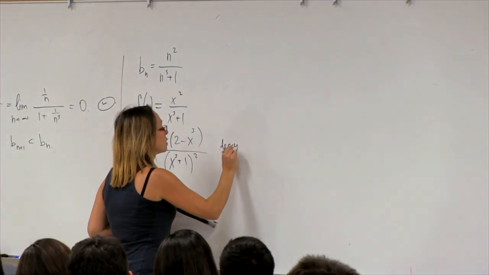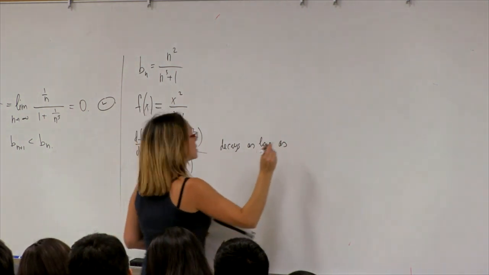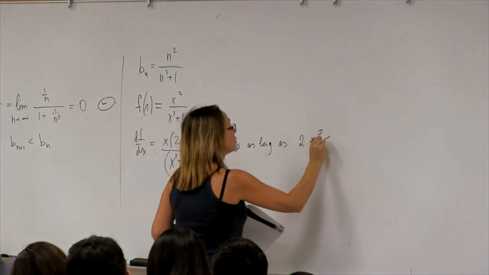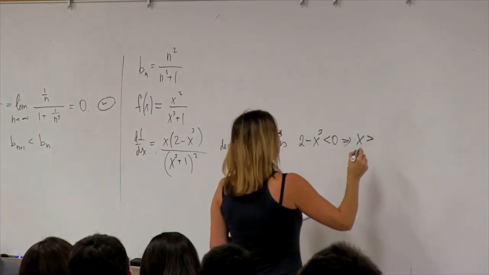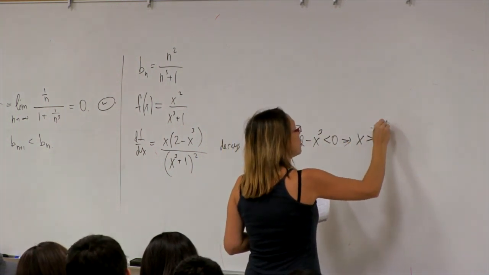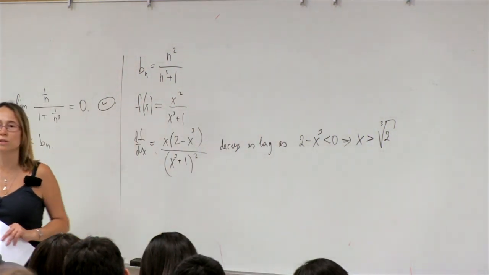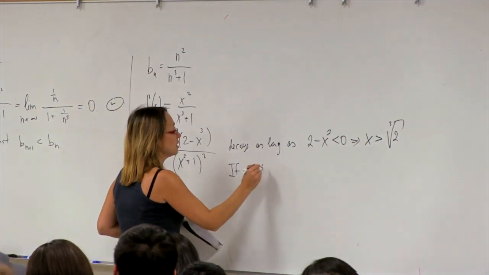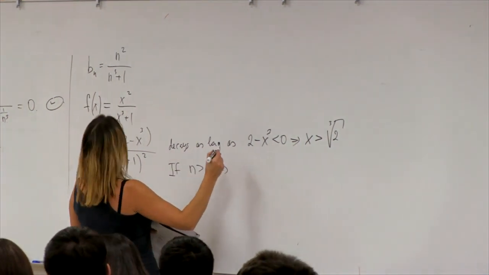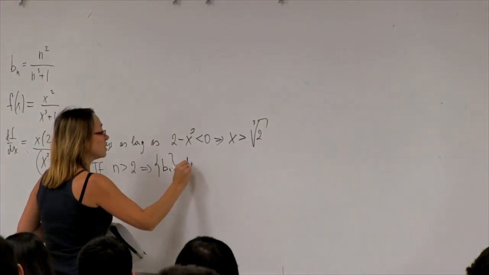It decays as long as 2 minus x cubed is negative, which holds if x is greater than the cube root of 2. What is the cube root of 2? It's some small number between 1 and 2. So if n is greater than 2, the sequence Bn decays.